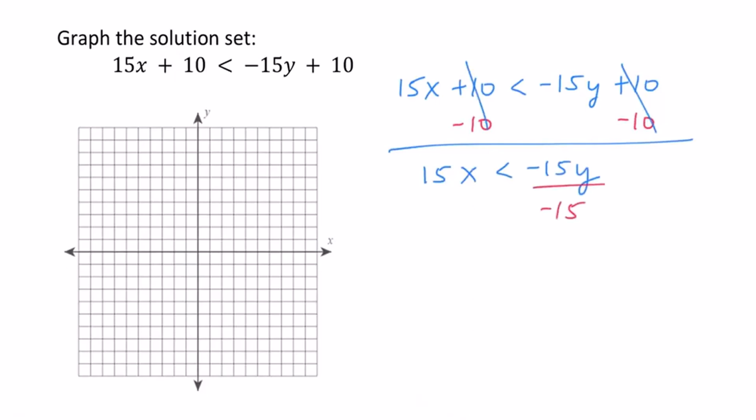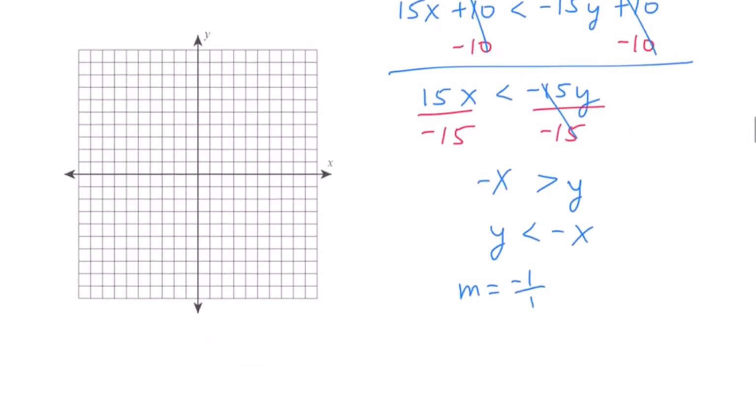Divide out the negative 15. So here the inequality flips around and we have y is less than negative x. So here the slope is negative 1, or negative 1 over 1 when we graph it, and the y-intercept is 0, 0.